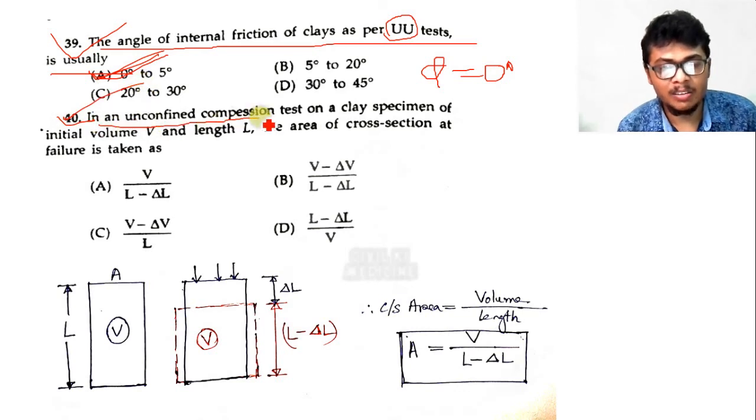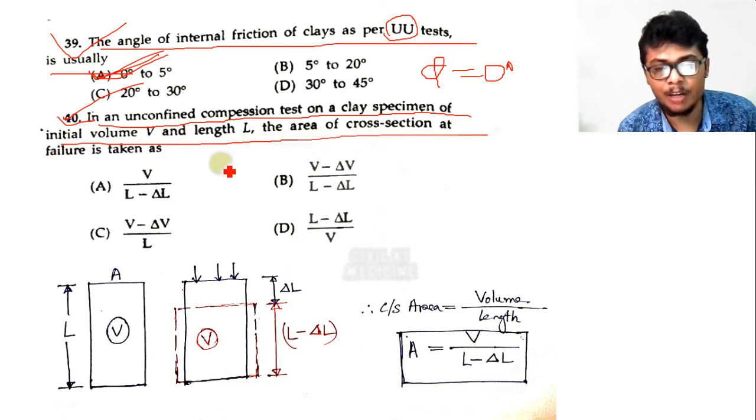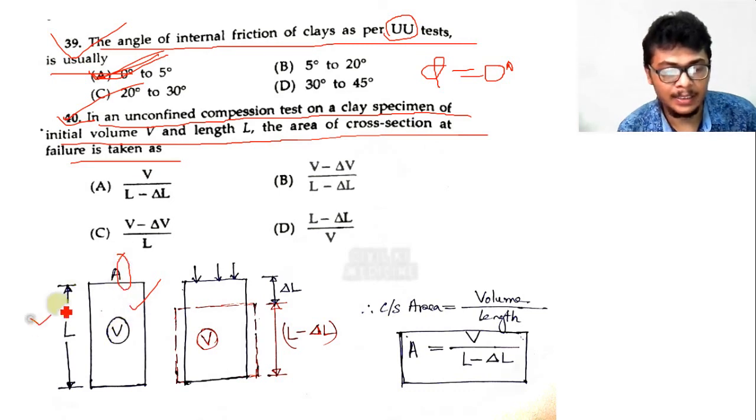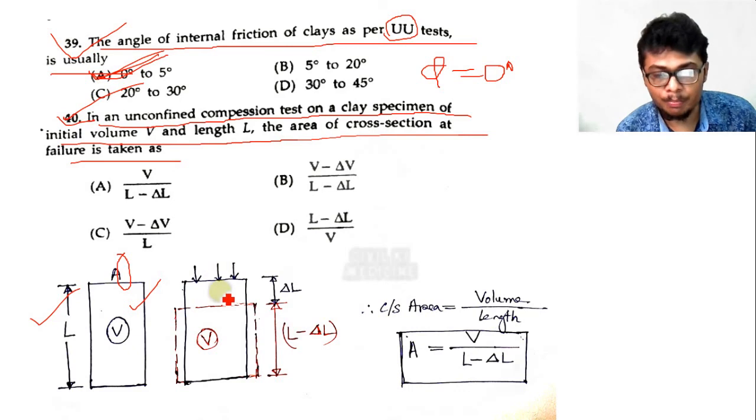In an unconfined compression test on a clay specimen of initial volume V and length L, the area of cross section at failure is to be found. Very easy, let's solve. See, this is my specimen, volume V, cross sectional area A, and length L. After the compression test it takes a shape like this.